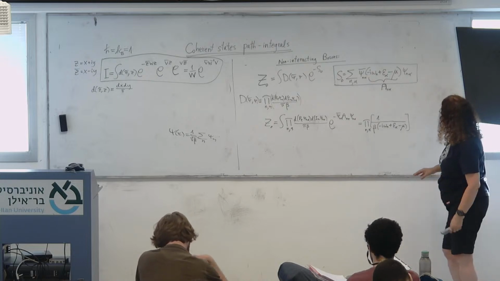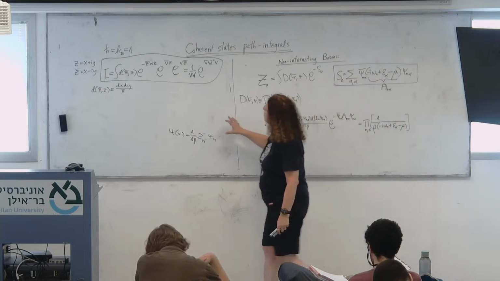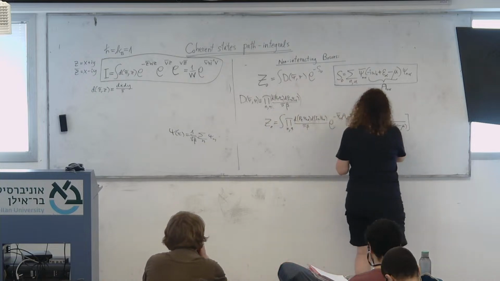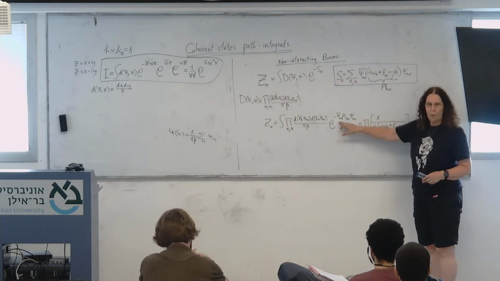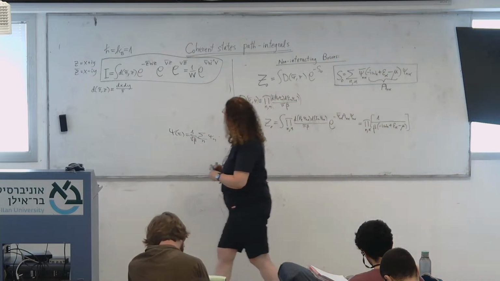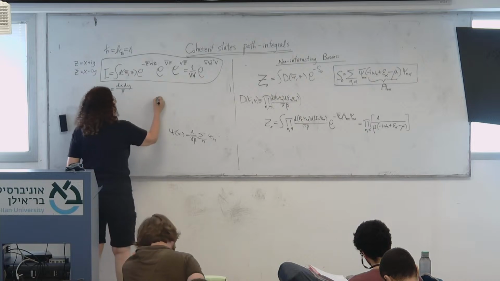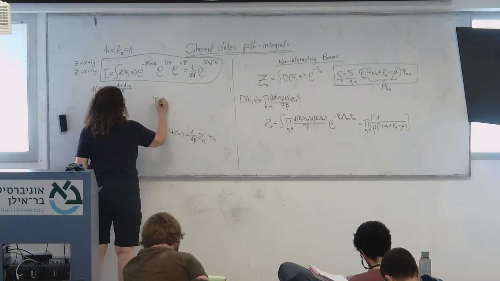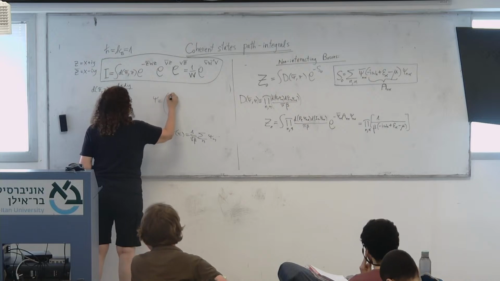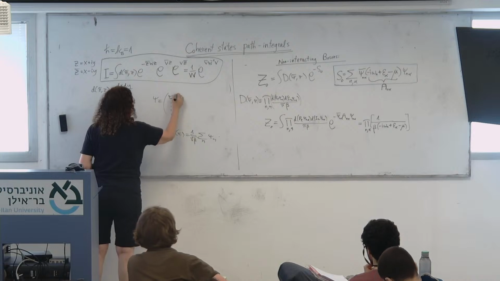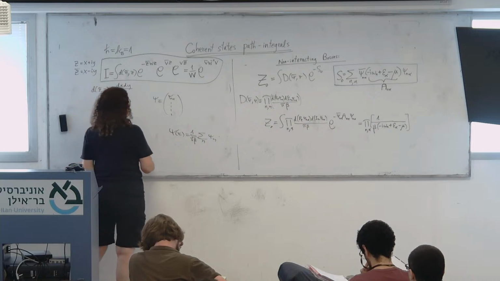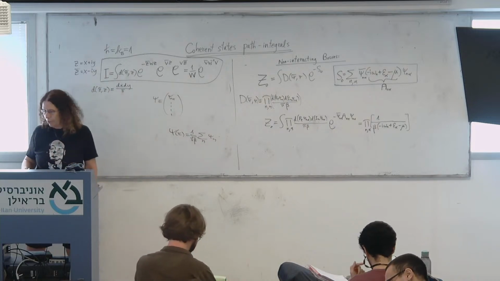Now, actually, there is a more general way of writing such a Gaussian integral. Here I chose a basis where everything is diagonal, but I can prove a more general formula if we have a field psi that is a vector. So generally it's a vector, it's not just one complex number.